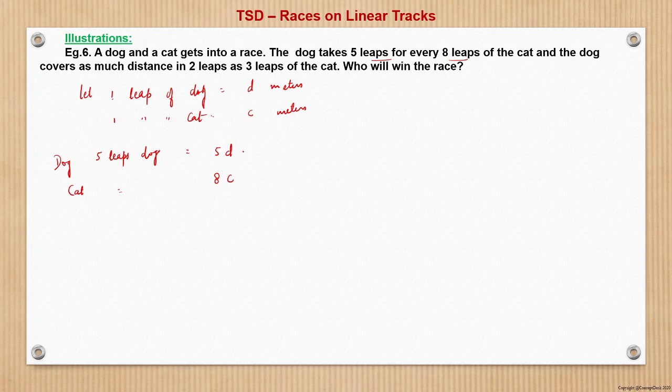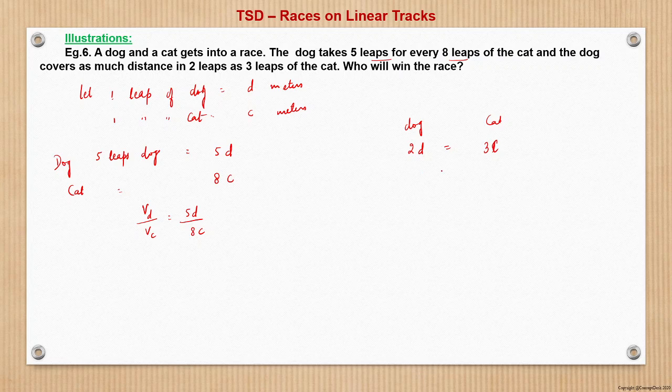So this is the distance covered by both of them in the same time. So this will become the ratio of speed also. So we can say that velocity of dog upon velocity of cat is nothing but 5d upon 8c. Further, it is given that the dog covers as much distance in 2 leaps, which is 2d, and this is the same as what the cat covers in 3 leaps, 3c.